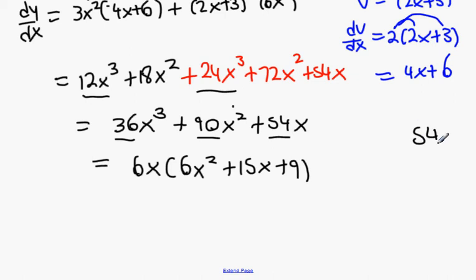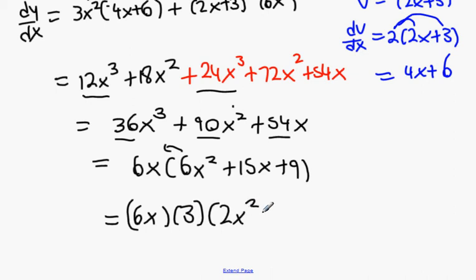Oh, sorry, I can divide by 3 again. Take out another 3, and so actually the highest common factor was 18. So, we take out 3.